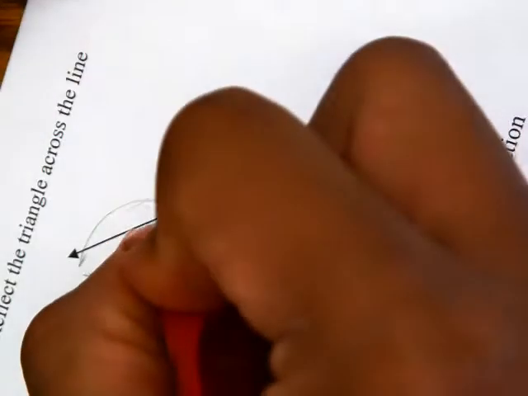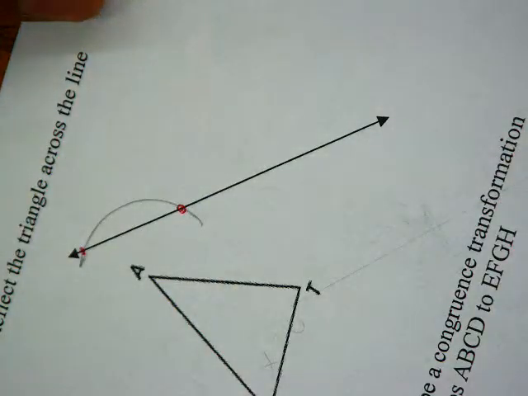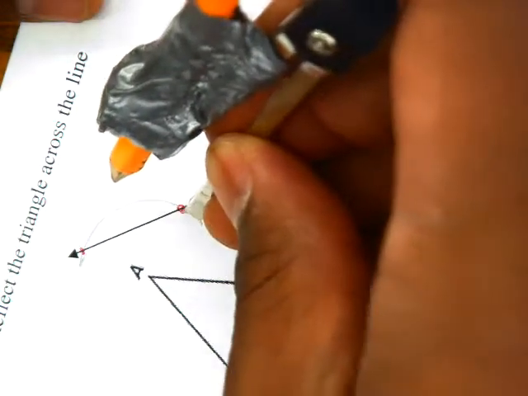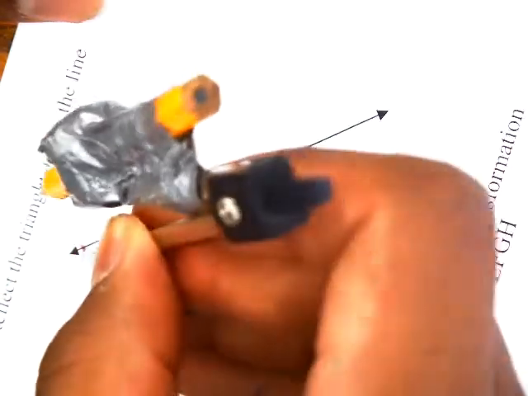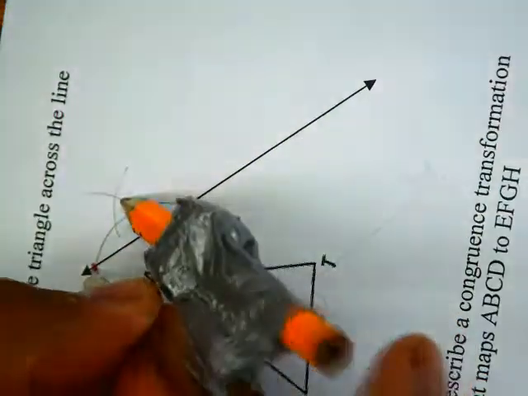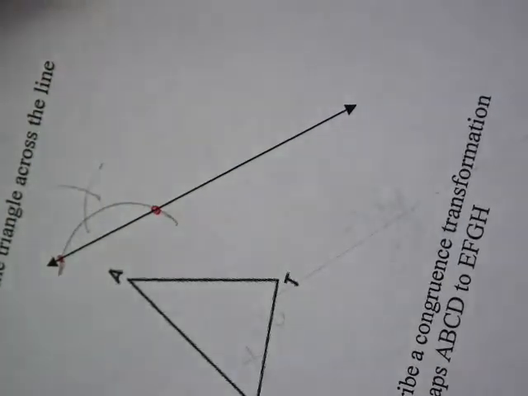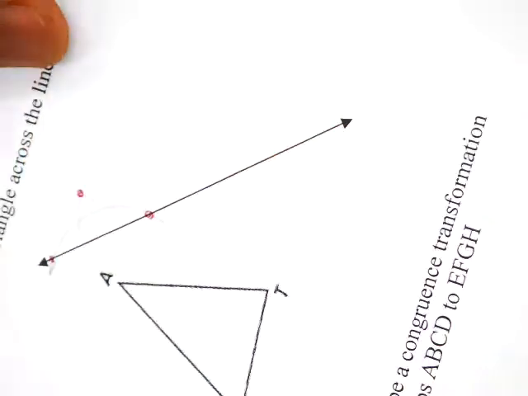I keep my compass open the same amount. From those 2 spots, I make these 2 arcs. And right here, that point is my A prime.